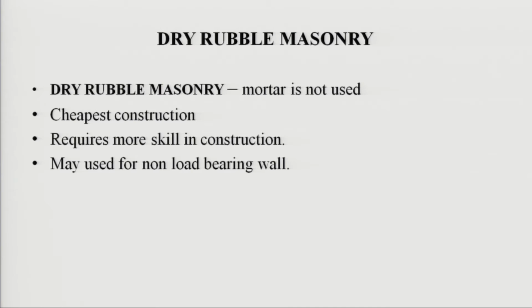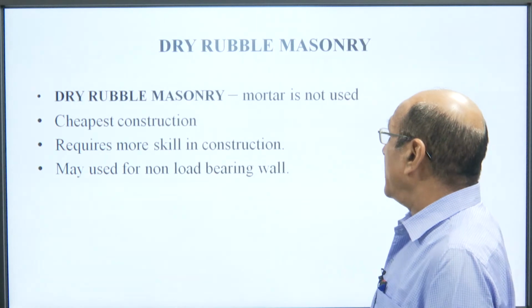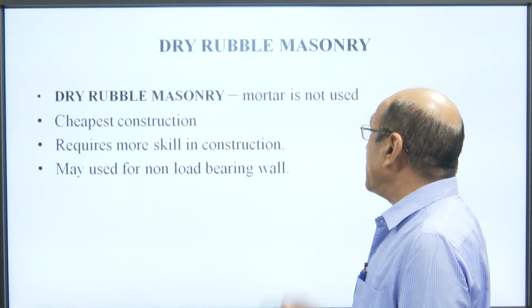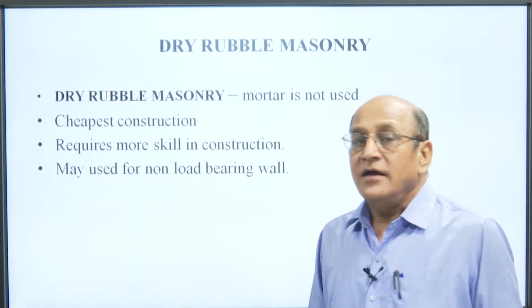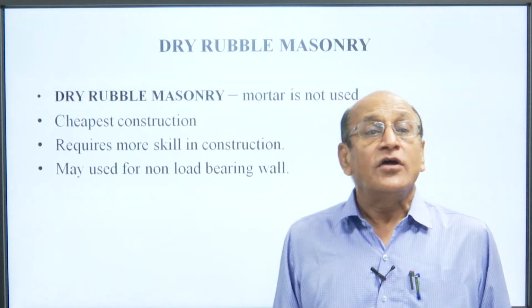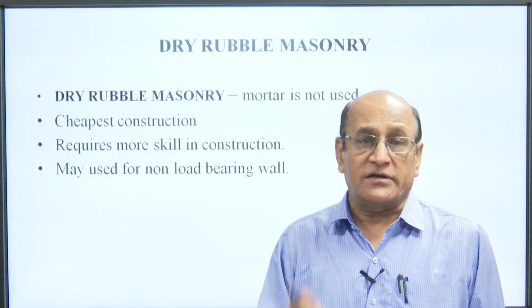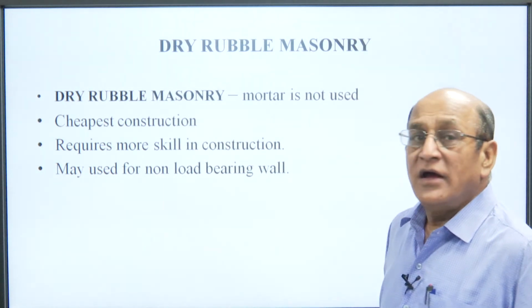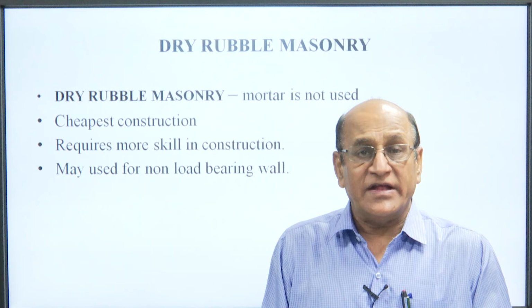Now, come to the dry rubble masonry. As its name suggests, dry rubble masonry is one in which there is no use of mortar. So, it is called dry rubble masonry.